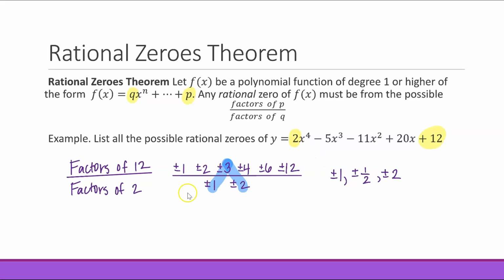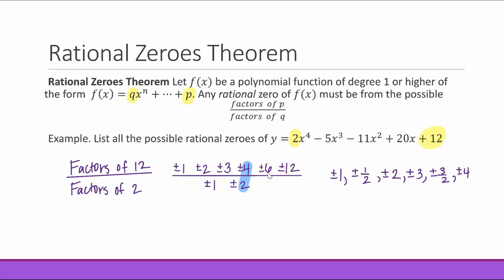3 divided by 1 and 3 divided by 2. Well, 3 divided by 1 is just 3. 3 divided by 2 isn't on this list yet, so we'll leave that. Then we have 4. So we have 4 divided by 1 and 4 divided by 2. So 4 is not on the list yet, so we'll put plus or minus 4, but 4 divided by 2 is on the list because 2 is already here.